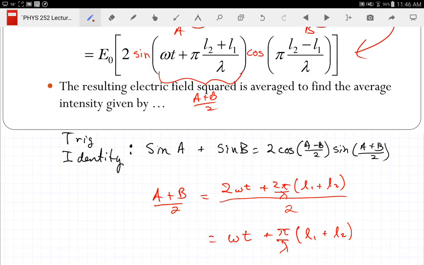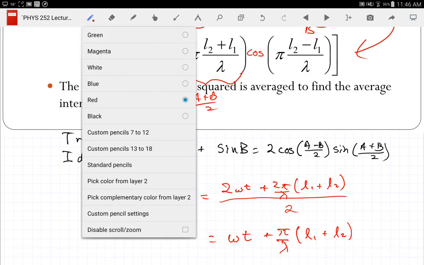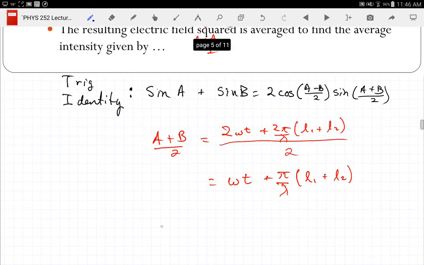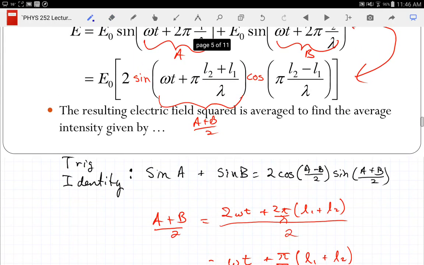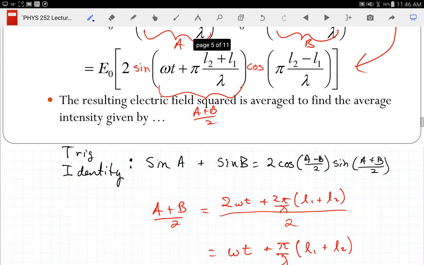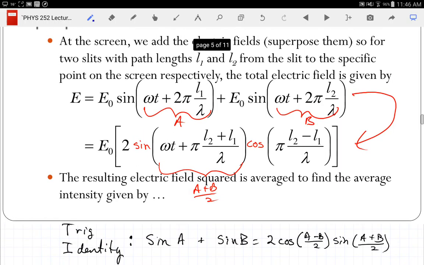Okay, now let's look at A minus B divided by 2. Come up here so we can see what A and B are. If we look at A and B, they both have omega t. So I'm going to have omega t minus omega t, which is beautiful because then time disappears. They subtract out.